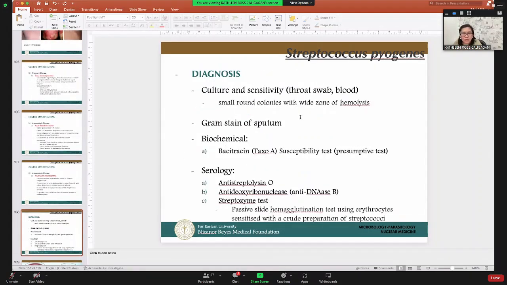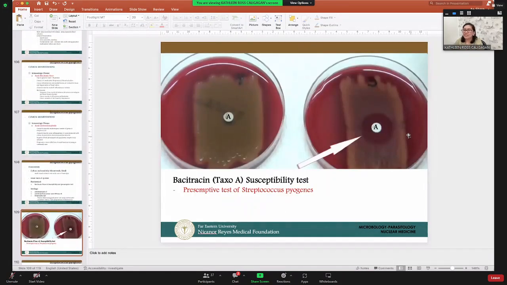Diagnosis: you have culture, gram staining, biochemical tests. Remember bacitracin, the presumptive test for Streptococcus pyogenes, and other serological tests. For bacitracin, as long as there is a zone of inhibition, it's considered susceptible. Unlike Taxo, where the diameter should be more than 14 millimeters, here in Taxo A, bacitracin, as long as you see a zone of inhibition, regardless of the measurement, it's considered positive.